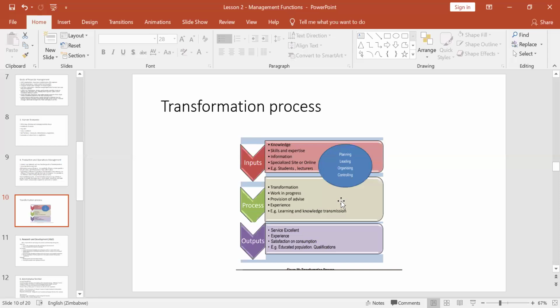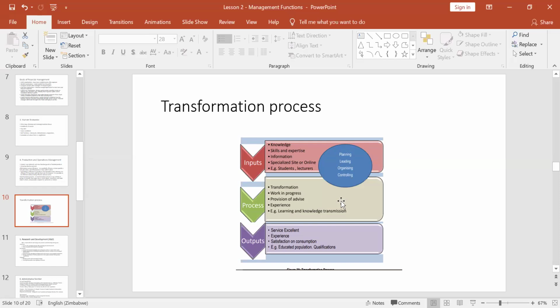Imagine from the time you walk into a legal firm, a transformation process is already going on from the moment you walk in the door. Maybe you want to seek legal guidance concerning something. You go in, you are just a customer.